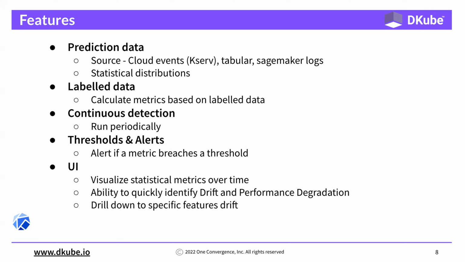Right, and then given the prediction data, now you have the training data, you compute the statistical distributions. You would also want to compute the drift on each feature, in addition to calculating drift on the complete data set. And finally, when you have the ground truth, we will be able to calculate the actual metrics like your accuracy, your mean square error, and all of those. And you would want to be able to plot them on a time scale.